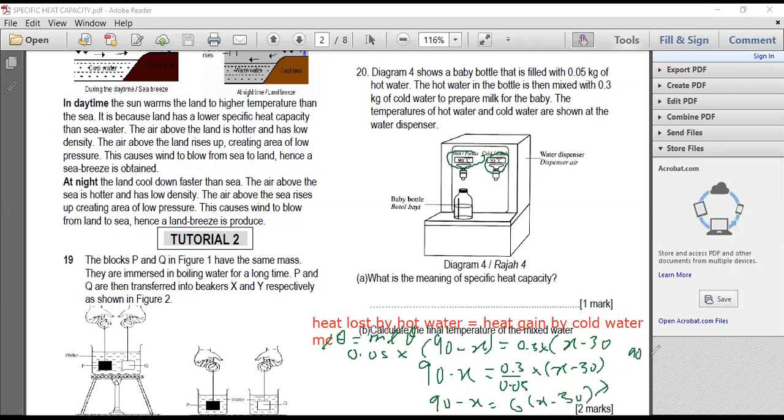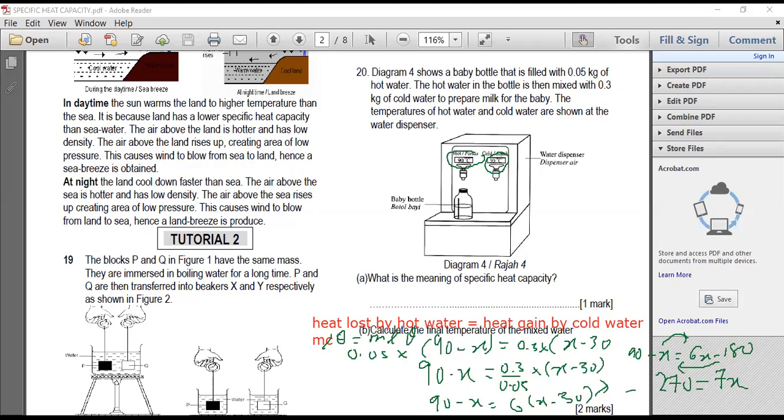So 90 minus x equals 6 times x minus 30, which is 6x minus 180. Bring the x here, bring the 180 here. So 90 plus 180 is 270, equals 7x.